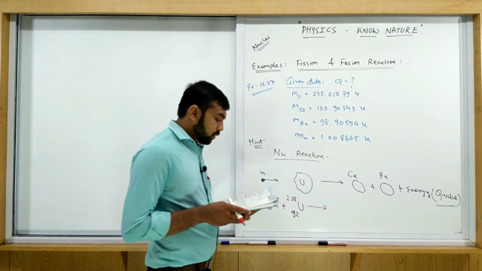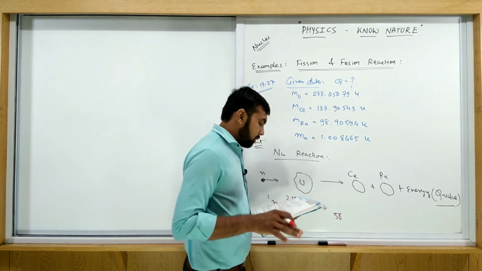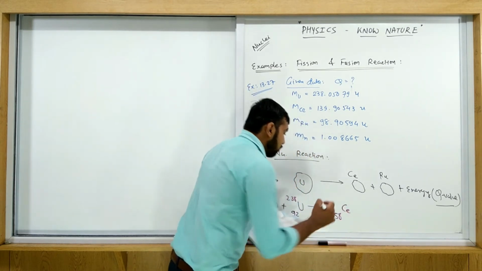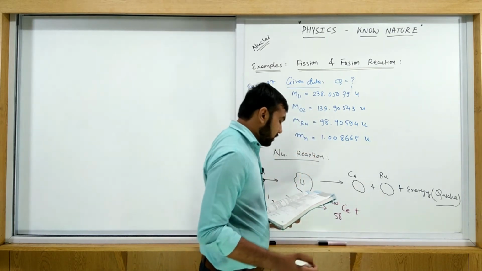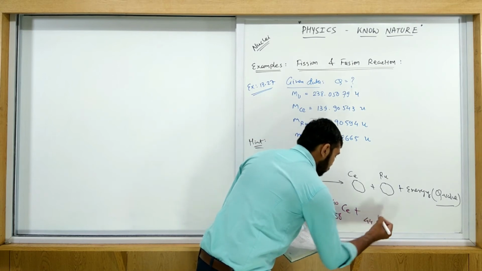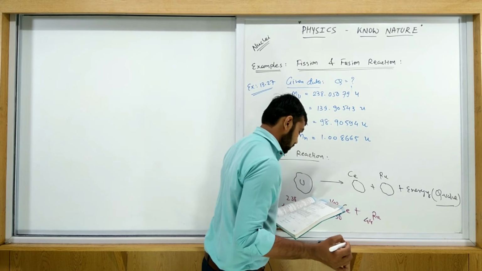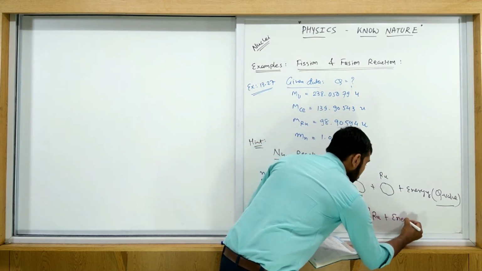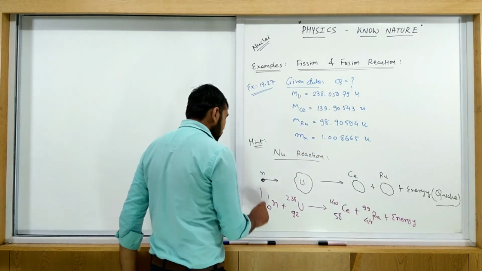The first fragment is 58Ce140, and the second fragment is 44Ru99, plus energy, and this energy is the Q value. So this is our nuclear reaction.